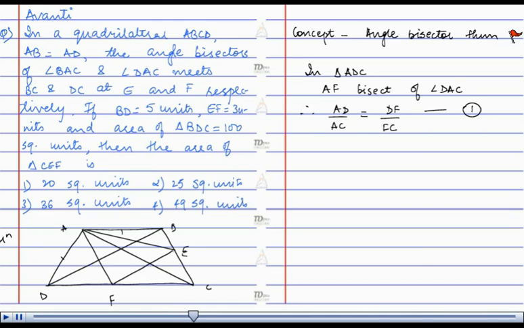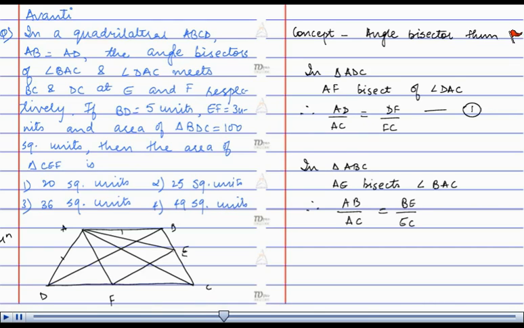Now, in triangle ABC, AE bisects angle BAC. Therefore, by using the angle bisector theorem, we have AB upon AC is equal to BE upon EC.